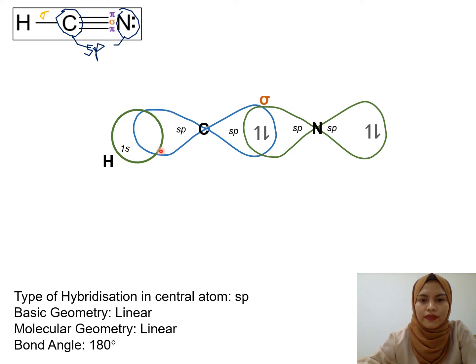So that's why bentuk spherical, and since I nak show that the sigma bond yang terhasil between this carbon dan hydrogen, so the orbital kena overlap end to end. Okay, so bila mereka overlap, mereka akan share sepasang elektron, and then I will label this overlap with sigma symbol dekat atas.